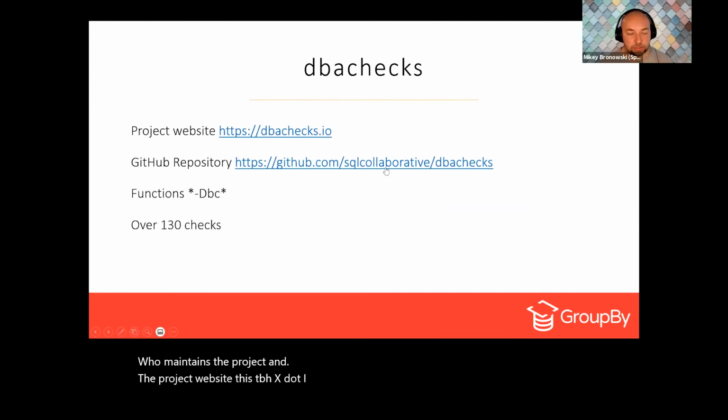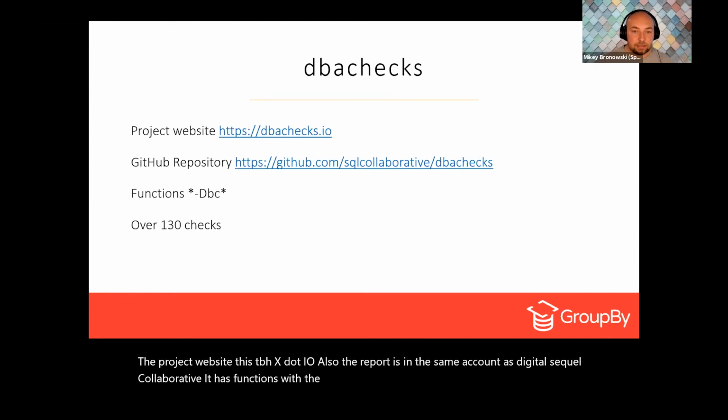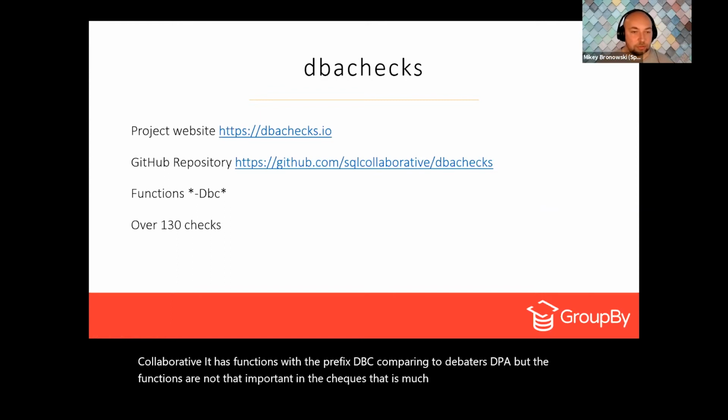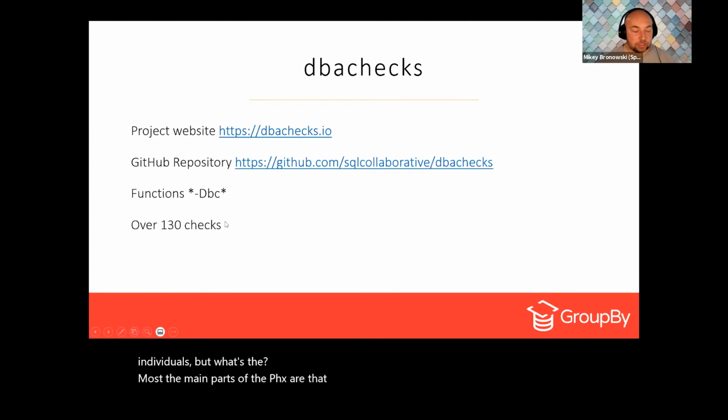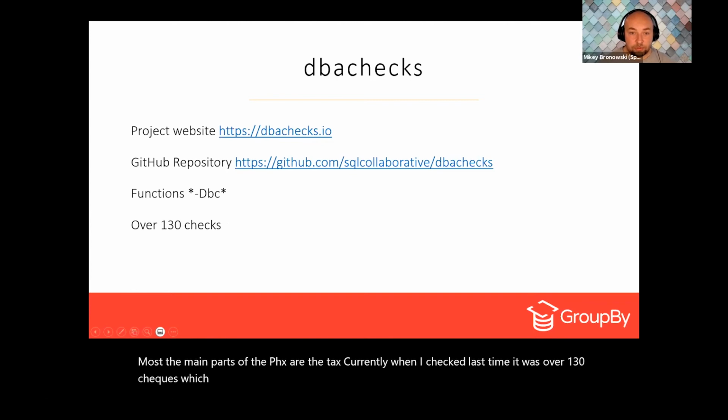Also, the repo is in the same account as dbatools, SQL Collaborative. It has functions with the prefix dbc, compared to dba in dbatools. But the functions are not that important in dbachecks. There are far fewer functions than in dbatools. But the main part of dbachecks is the checks. Currently, when I checked last time, it was over 130 checks, which is an amazing number for something you can use to check your estate.